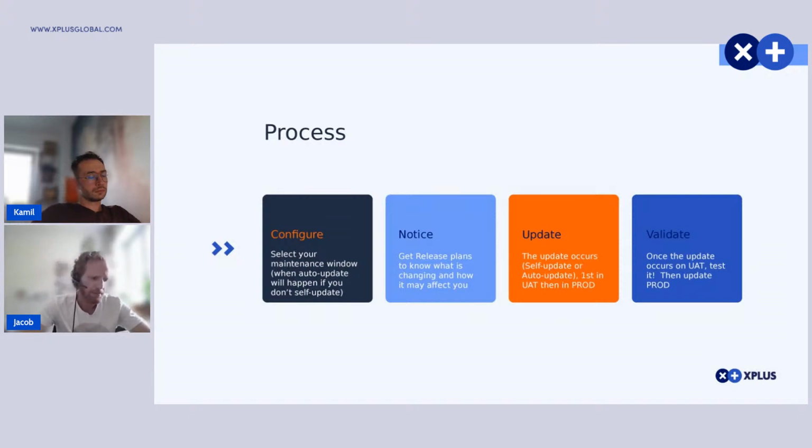First, though, you'll do the update in the UAT environment, and then once you've validated that, move it into the prod environment, which leads into the fourth aspect, which is validate. Once the update occurs on UAT, you've tested it, which you must do, and then update the production environment. So that's really the standard process and how things look in general.